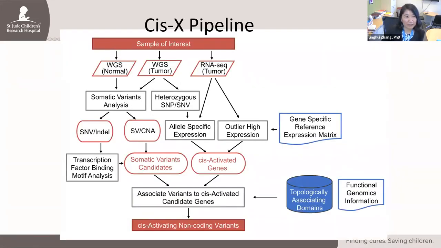The design of the software is that you can input samples with paired tumor-normal whole genome sequencing and RNA sequencing data.